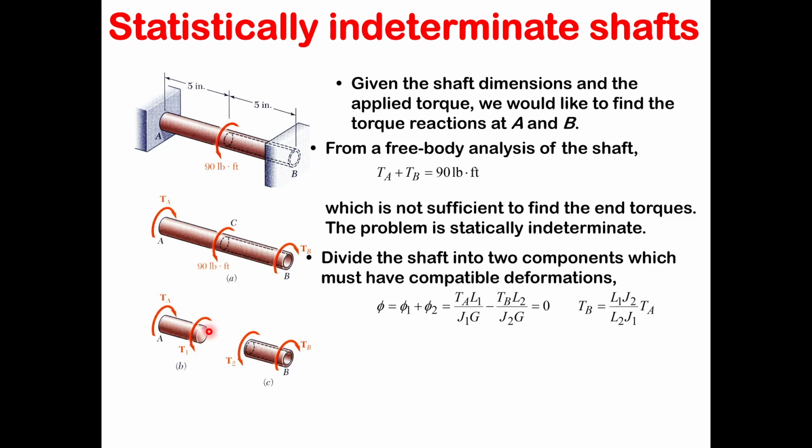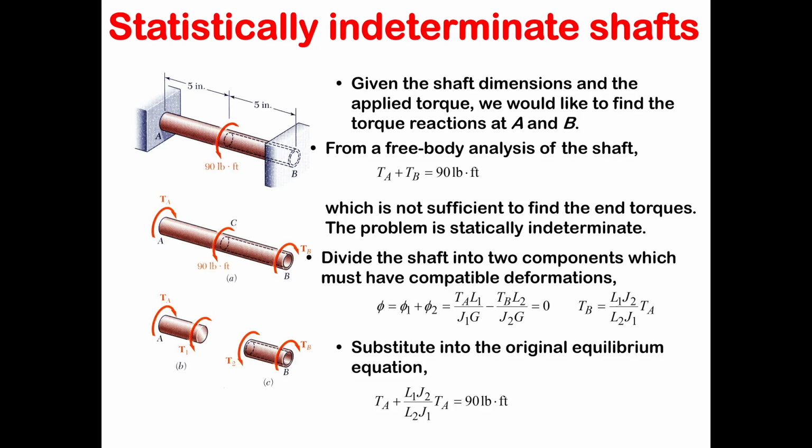The angle of twist in part B of the beam is TB L2 over J2 G. So we have a relationship between the torques TB and TA. We have another relation. We have two unknowns and two equations, so you can find the solution pretty easily.